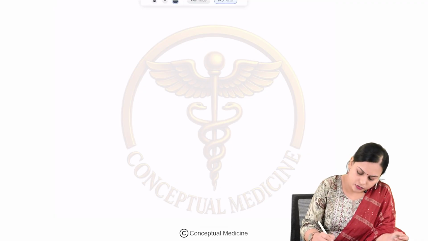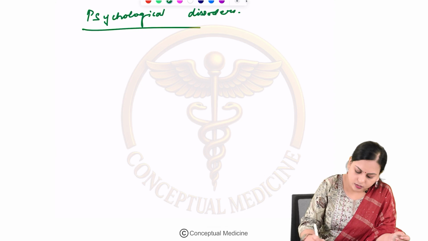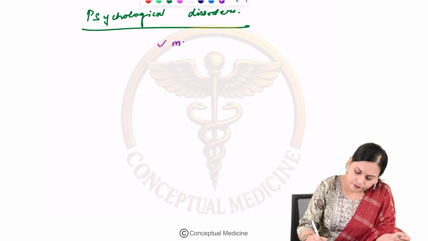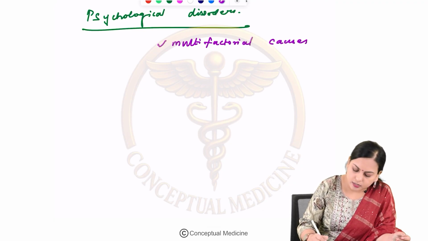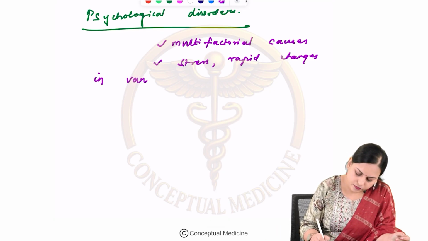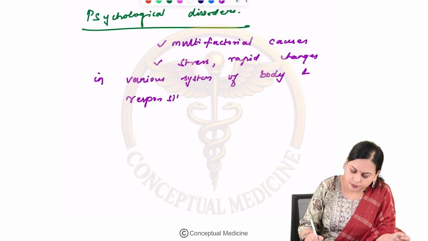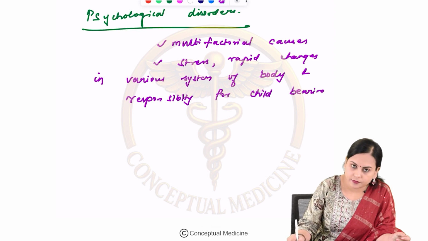Last but not the least, we are going to discuss the psychological disorders that can happen in puerperium. This can arise due to multifactorial causes, and they may include stress, rapid changes in various systems of the body, and a feeling of responsibility for childbearing as well.